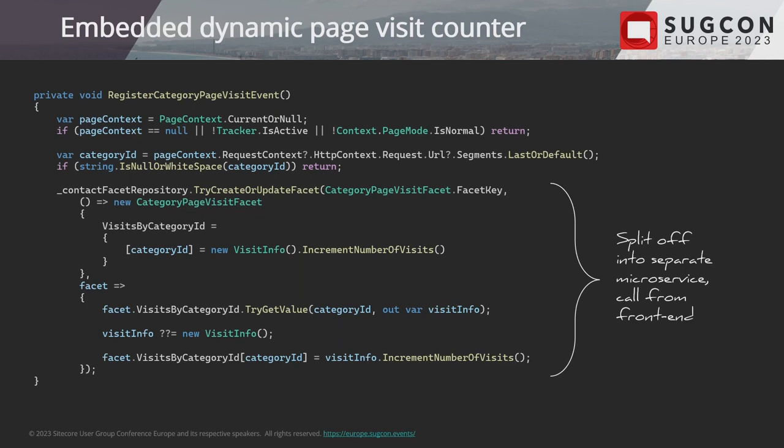So you have to split this kind of logic into a separate microservice, and call it from the front end. By the way, this specific code is very XP and XConnect or DXP focused anyway, so you need to redesign this to CDP anyway.